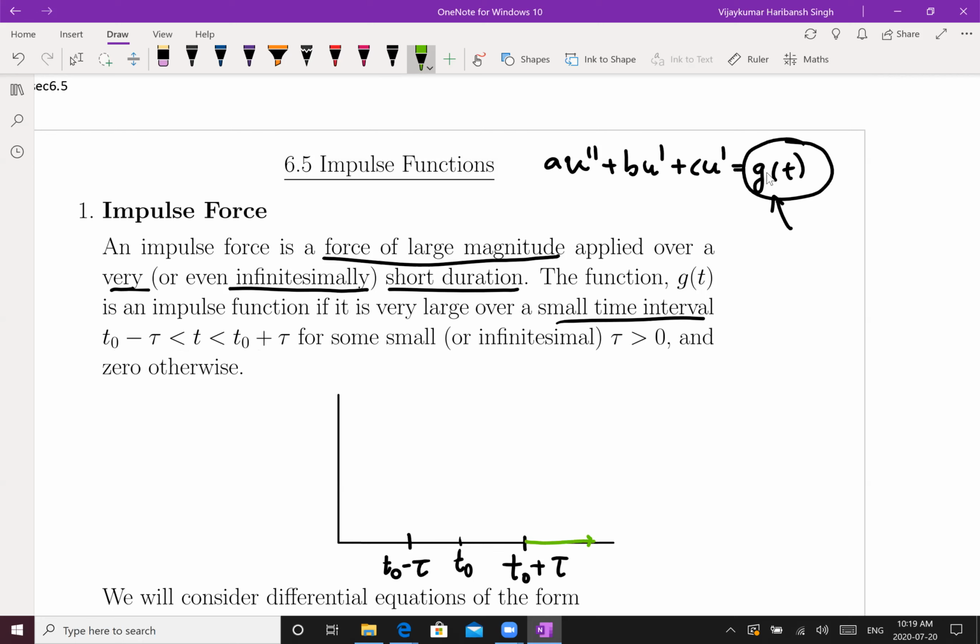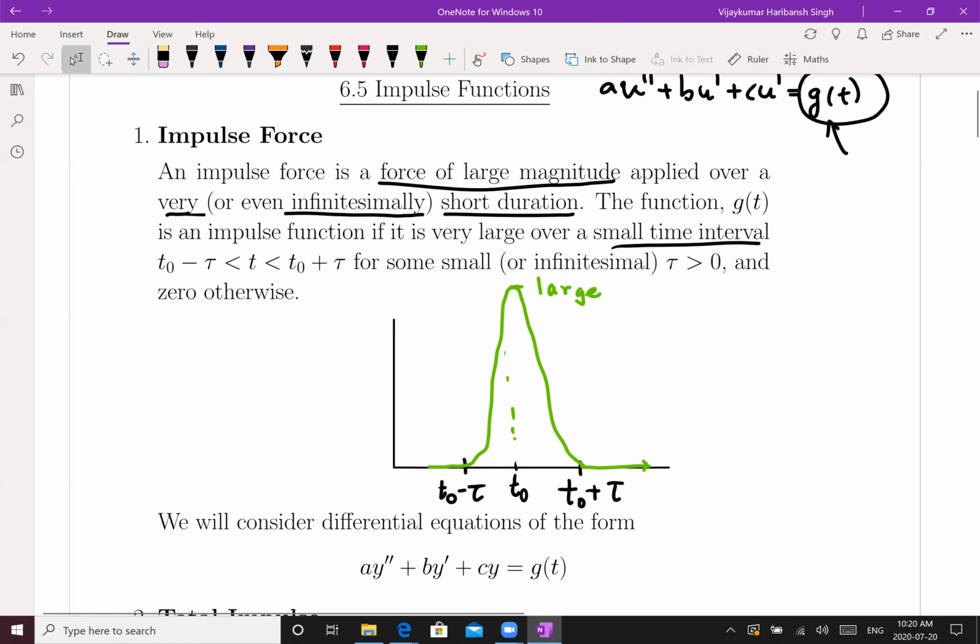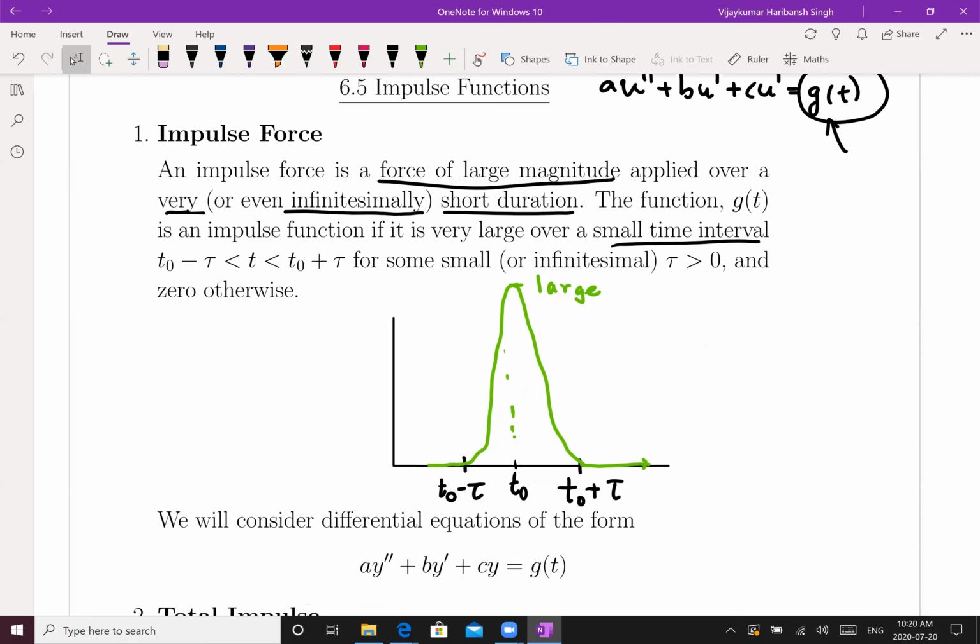It is 0 here, and then it becomes very large here. I cannot draw very large here right away, so I just want to point out that this is a very large value. Such a function is called an impulse force.